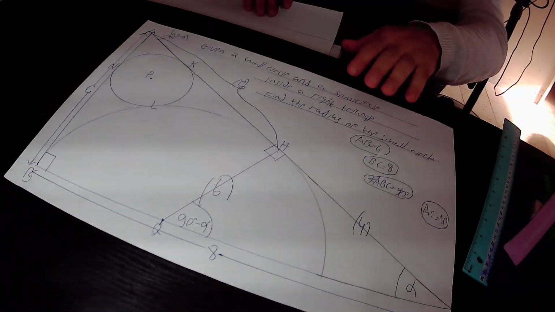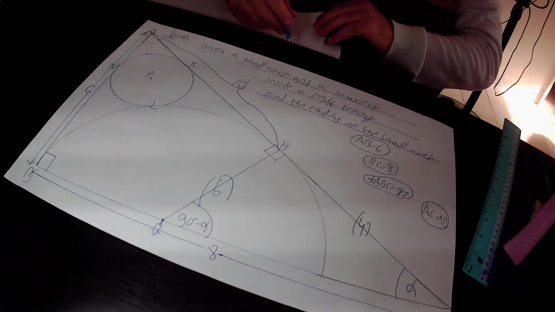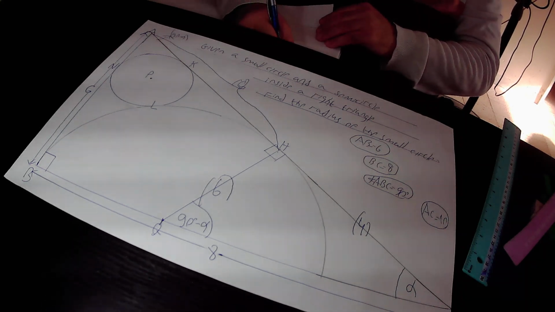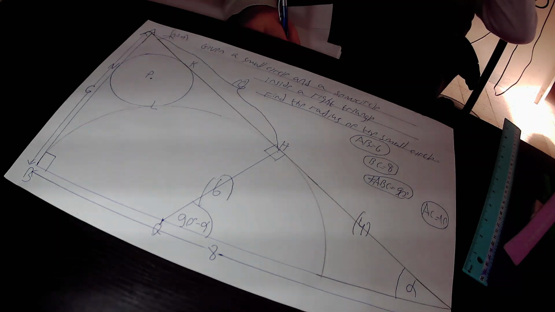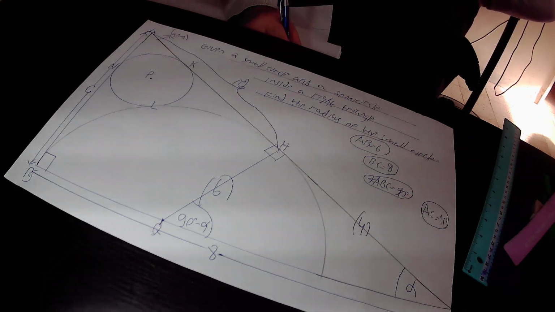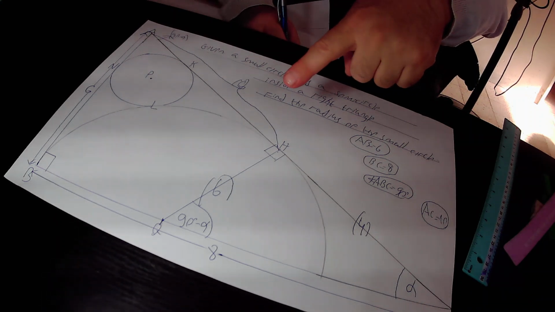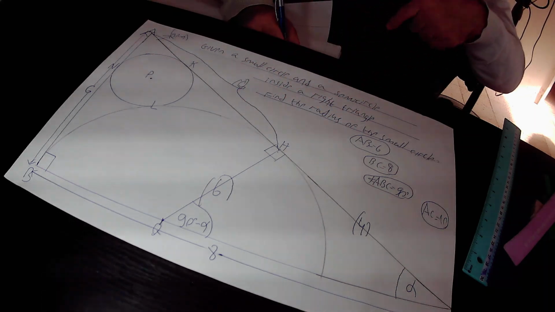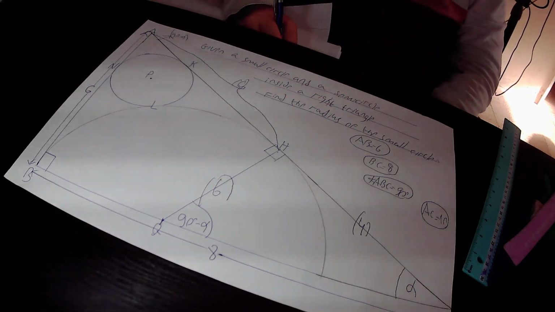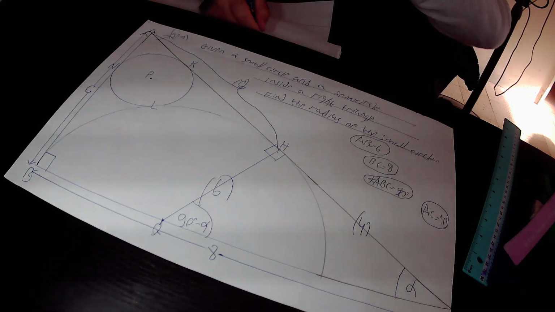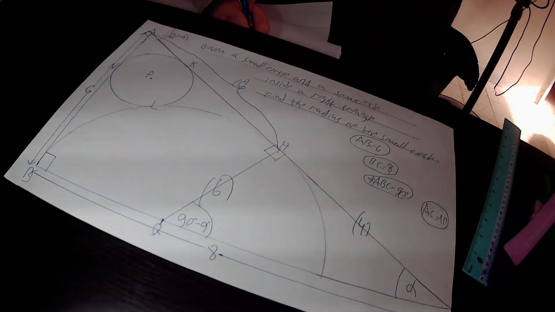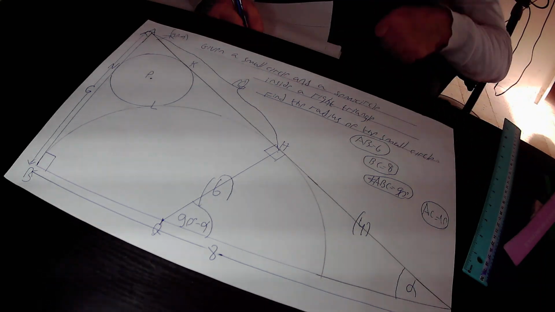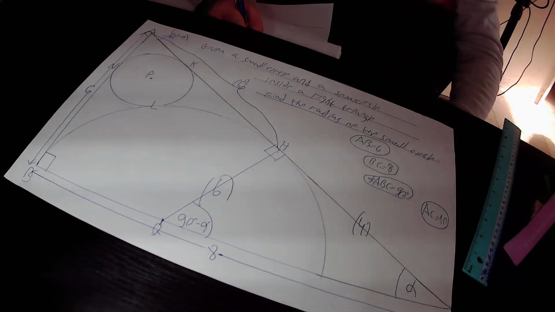We will derive that side AB in the big right triangle ABC over side HQ in the small right triangle HCQ is equal to side BC in the big right triangle ABC over side HC in the small right triangle HCQ.